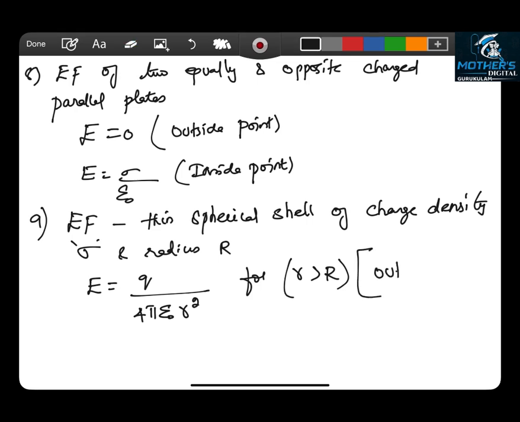And this is outside. We considered the test charge outside the shell.